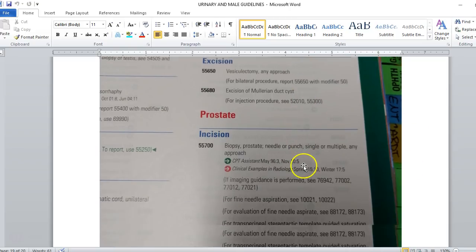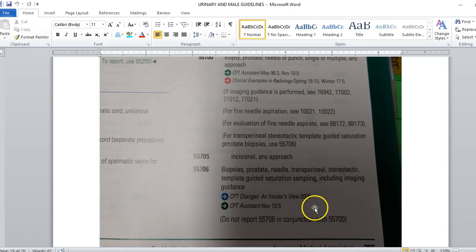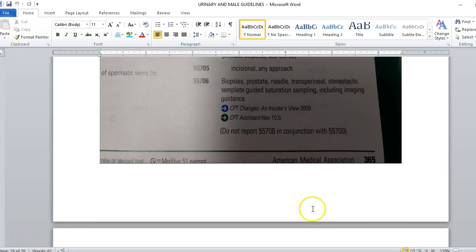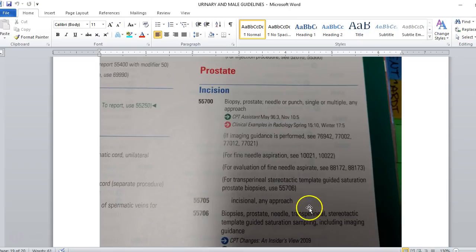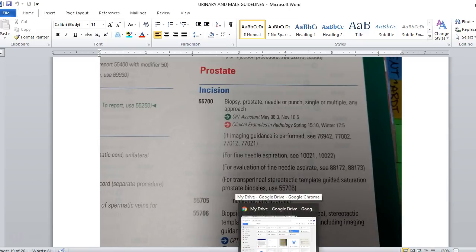Now for the prostate, again, what are we doing to the prostate? So these are not transurethral surgeries. This is everything else but. So one of the big things that we're going to keep in mind is that these are going to be open procedures, laparoscopic procedures, etc. So if you look on page 366 in your code book, you're going to see the different prostatectomies that we can do, but you'll notice none of these are transurethral.